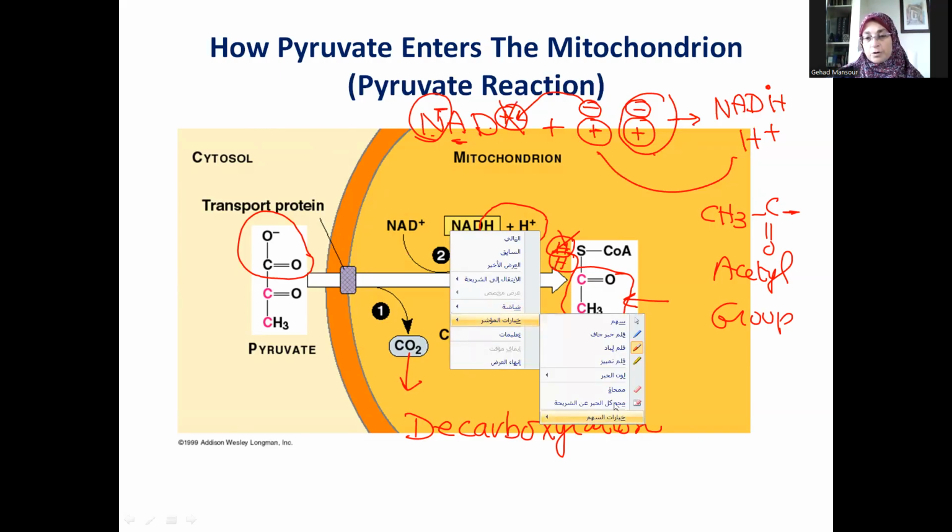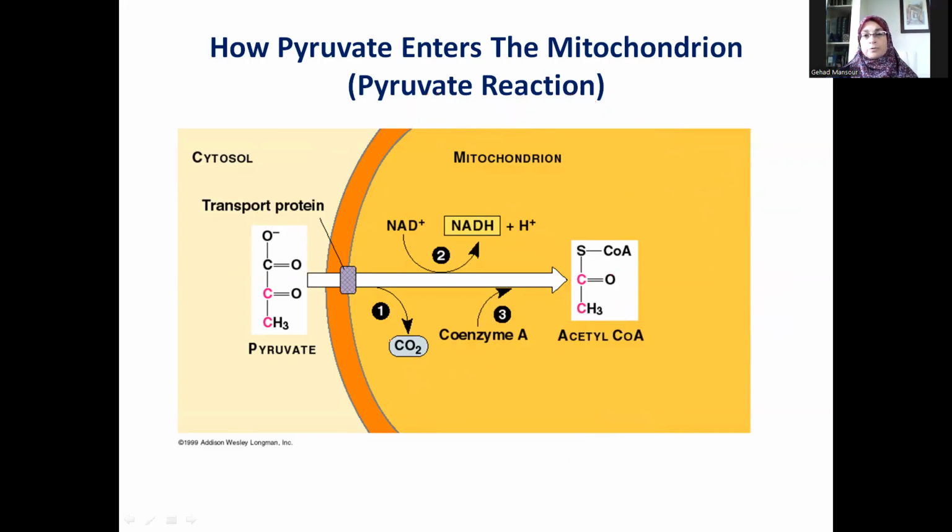So what's the function of coenzyme A? The function of coenzyme A, number one, is to transfer pyruvic acid. This is not written in your book, but it's good to know that it helps it move through the inner mitochondrial membrane, and then it activates it.